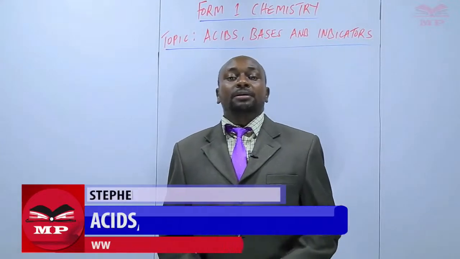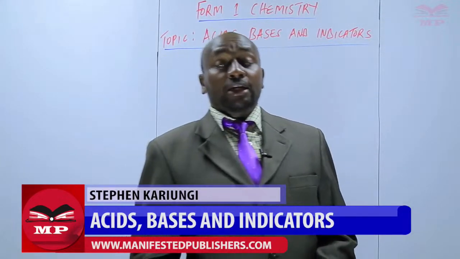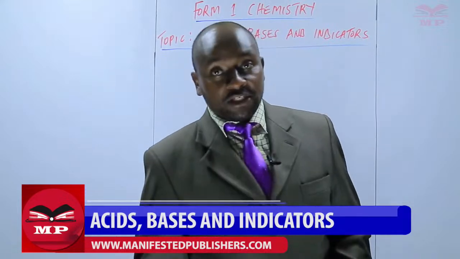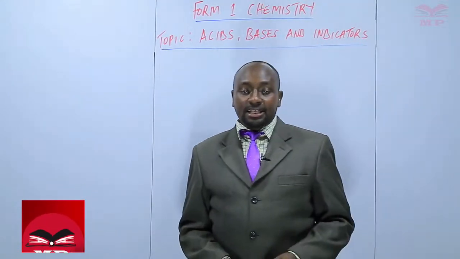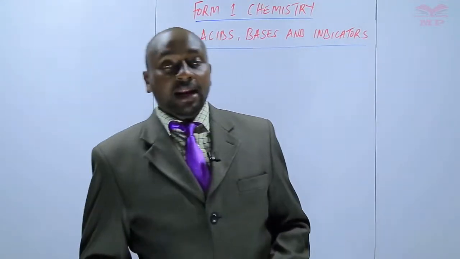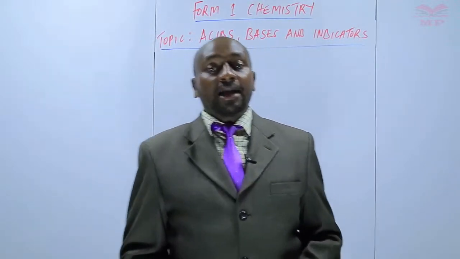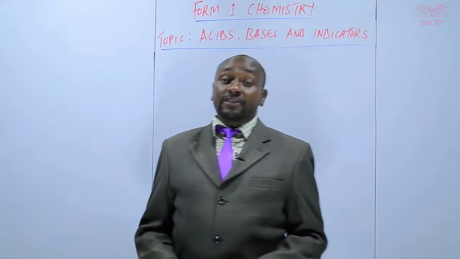Hello learners, my name is Stephen Kariungi, and today we continue with our topic, and our topic of discussion is acids, bases, and indicators. During the last lesson, we discussed the commercial indicators and the colors they give in different solutions.